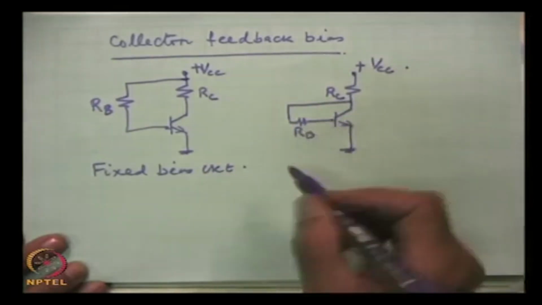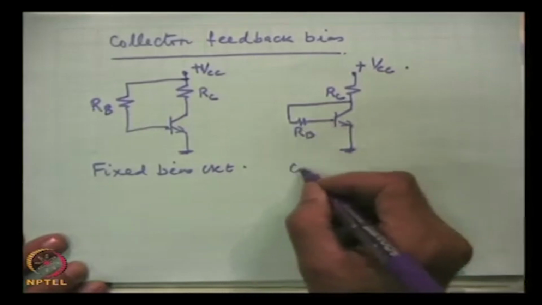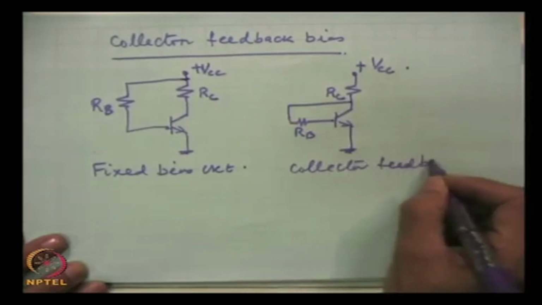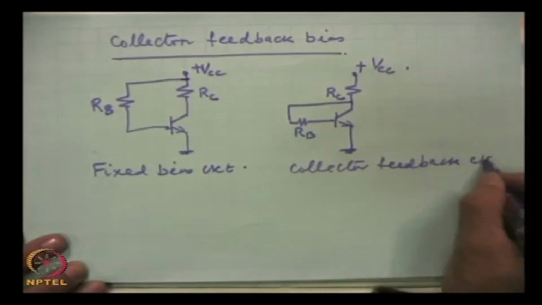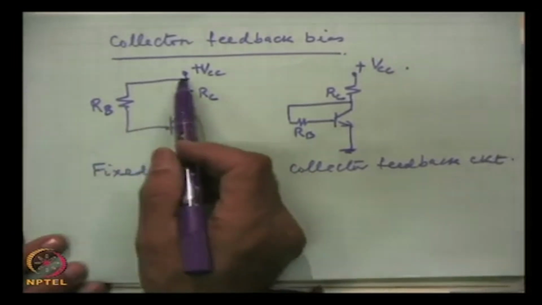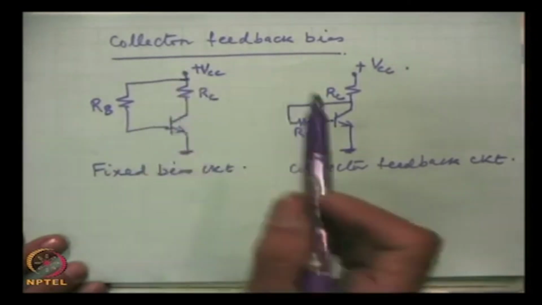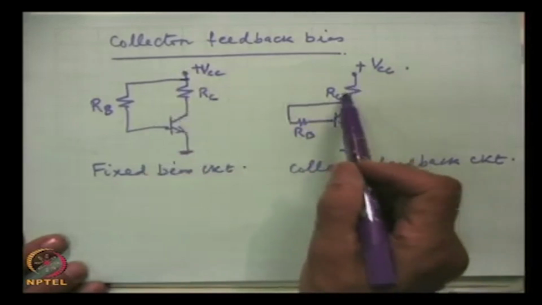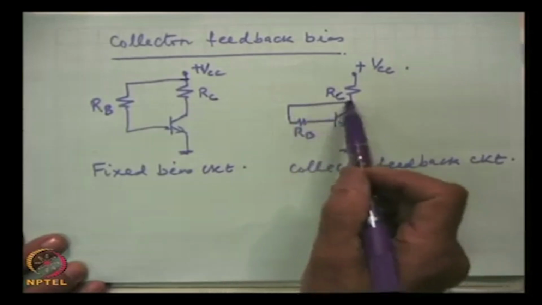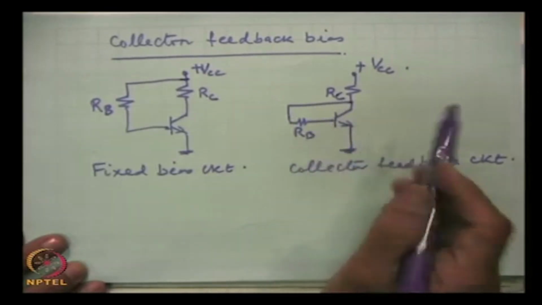This is the collector feedback circuit. It is a small change, just we have moved this point to the other part of the resistance RC, and this provides a stability to the circuit.